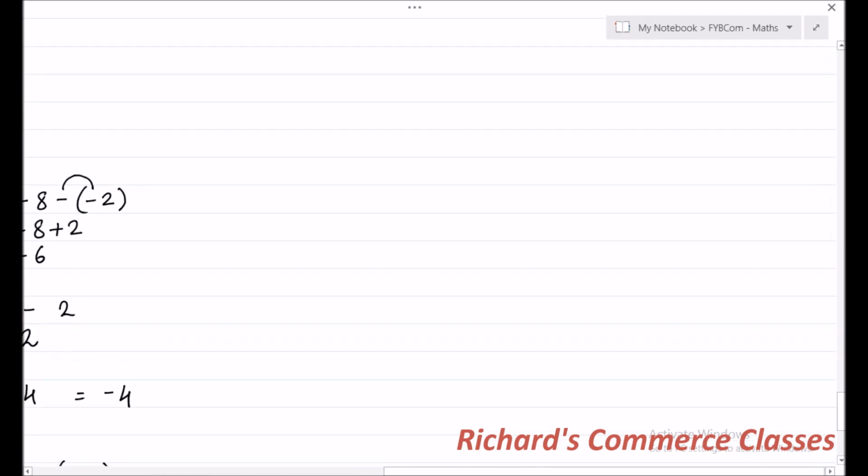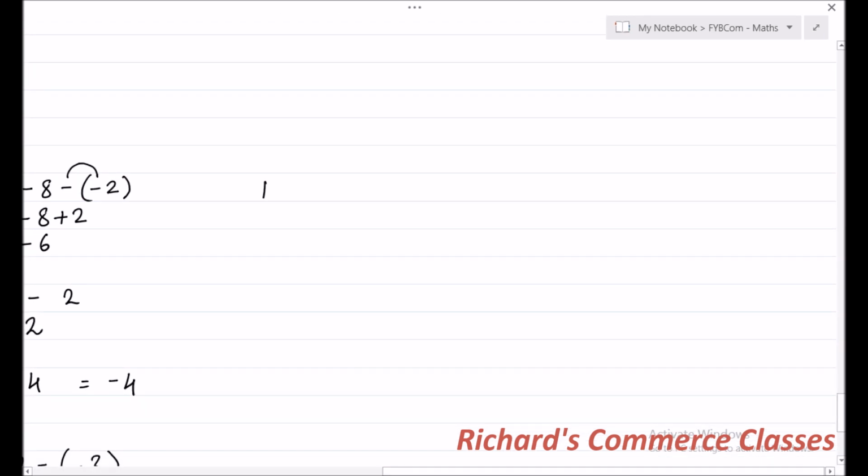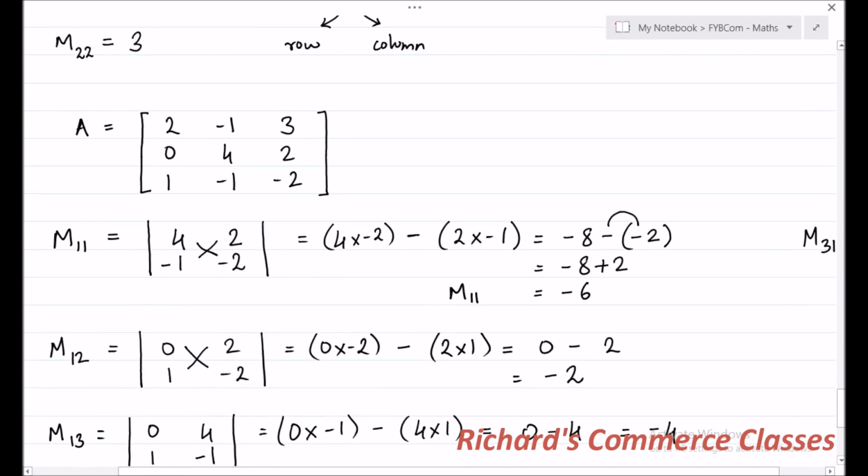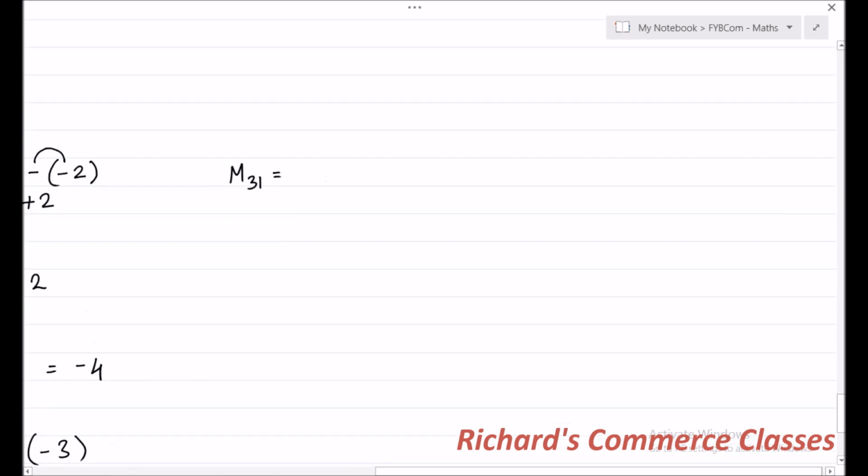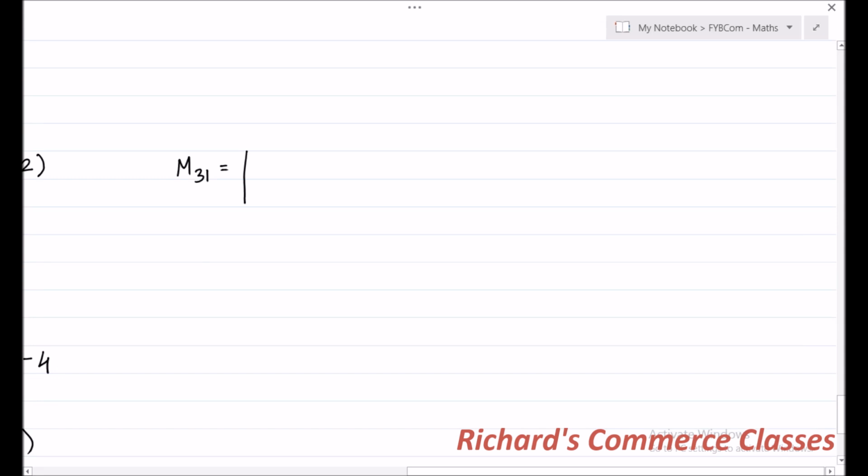Now what is remaining is the last row, and that is firstly M31, which is the third row but first column, the element 1. Deleting the row and column, the remaining elements are minus 1, 3, 4 and 2.